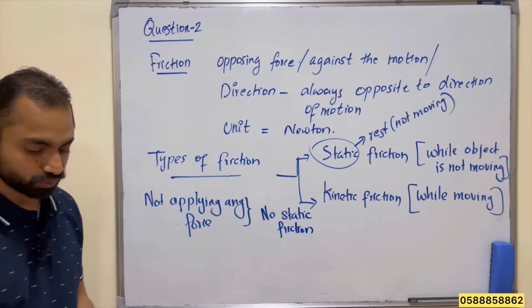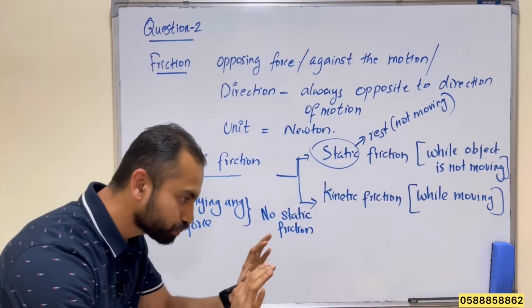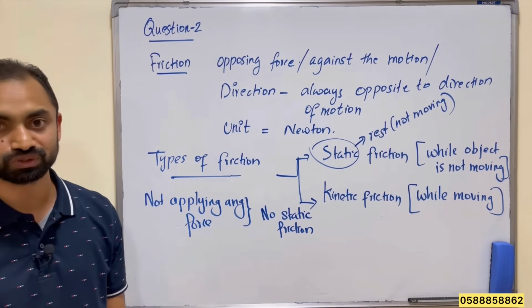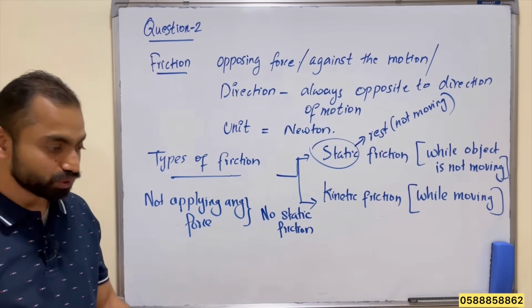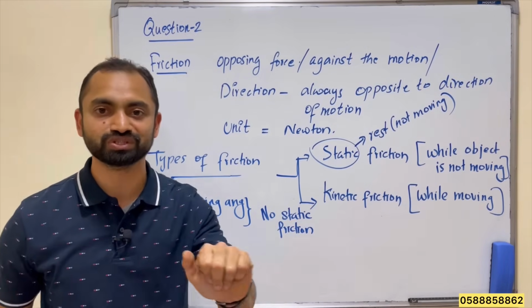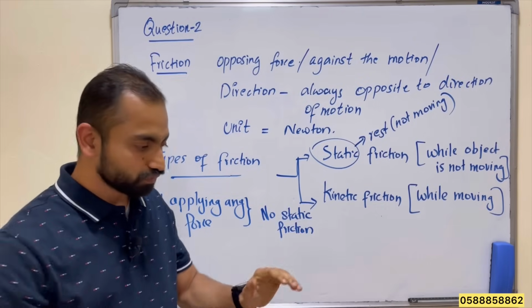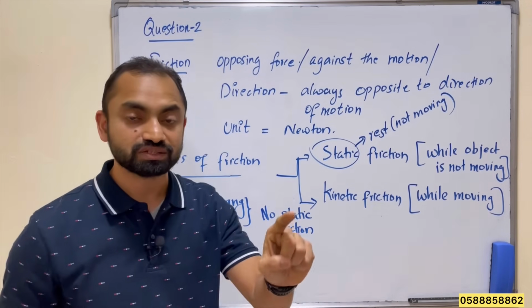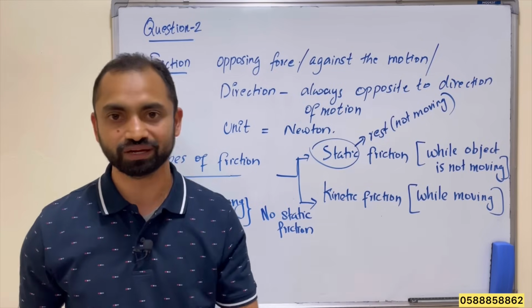Then what you are doing? Now you are going and pushing the couch. The couch is not moving. Why? You are applying the force, still the couch is not moving. The reason is, when you start applying the force, static friction starts to act. Where?